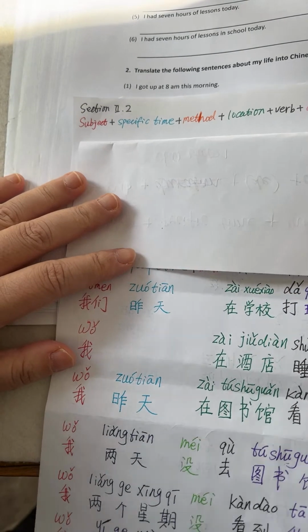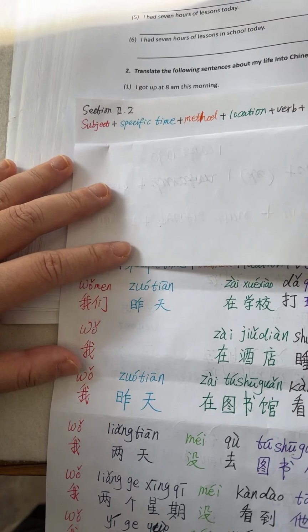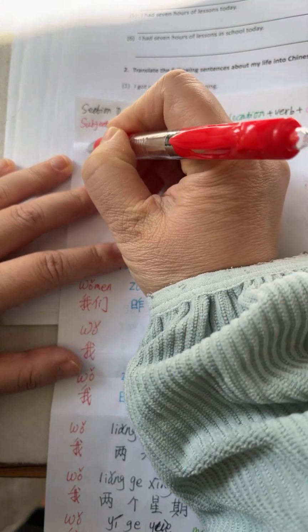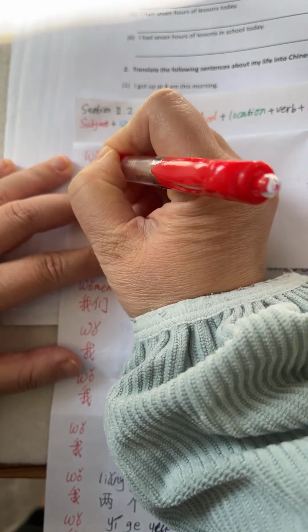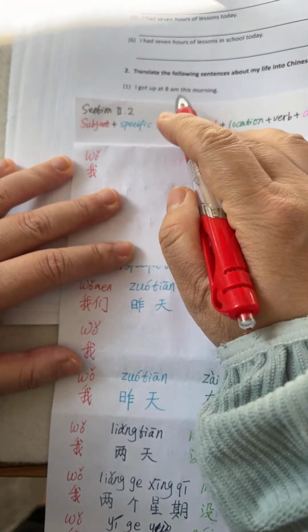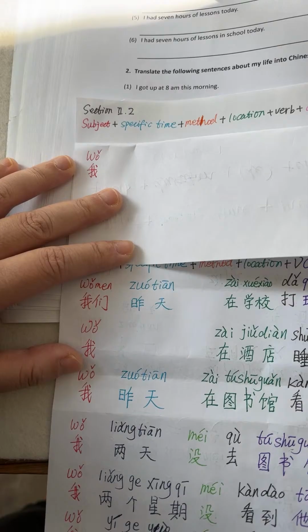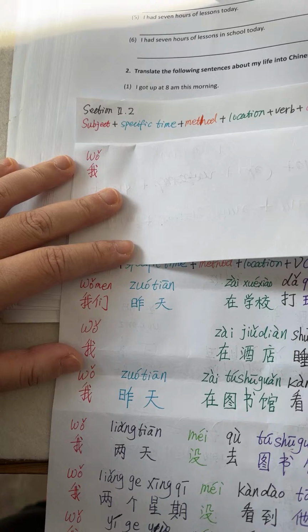So first, subject. It's my daily life. You can also type in the comment to show me your daily life. Okay? So first, 我. Specific time, 8 a.m. this morning. Okay, so you have to pay attention: how do we list these words into a phrase, 8 a.m. and this morning?